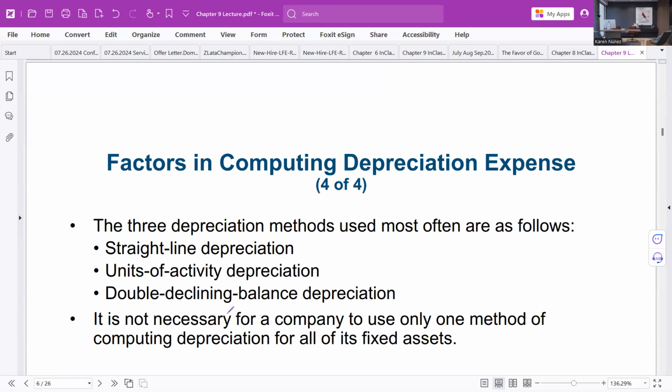It just means whatever method you pick for a particular asset, you have to use it consistently. So, for example, you could use straight line depreciation for equipment. You could use units of activity depreciation for automobiles. You could use double declining balance depreciation for buildings. You just have to pick a method and use it consistently for the related asset.